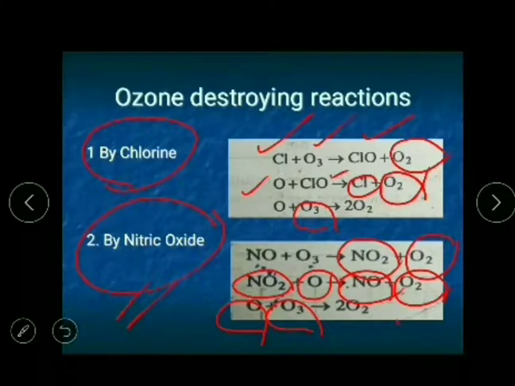So here 2 molecules of oxygen are finally produced. In a nutshell, ozone gets destroyed. These are the 2 examples. There are many more examples also, but here I have given 2 examples, the basic reaction mechanisms behind the destruction of ozone molecules in the stratosphere. All these reactions are initiated by solar radiation.